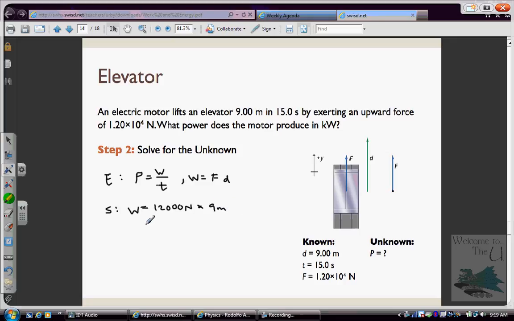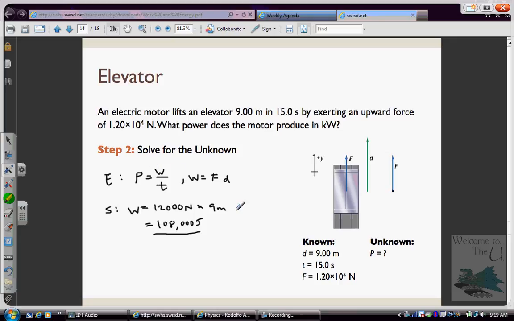And that gives you 12,000 times 9, which is 108,000 joules.